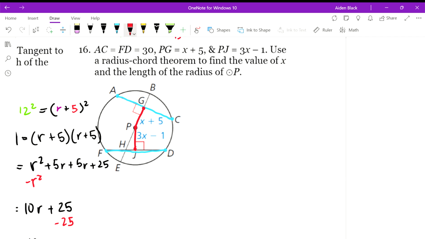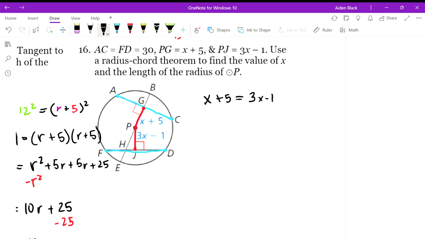So these two red segments are also congruent. This is the equidistant chord theorem. Now, since those two line segments are congruent, we can say that they're equal, right? PG equals x plus 5, and PH equals 3x minus 1.